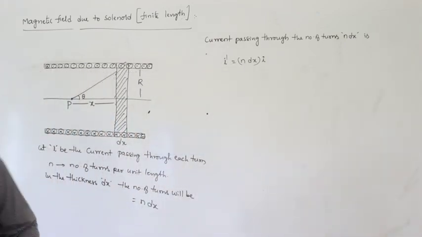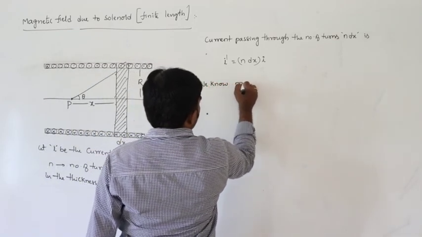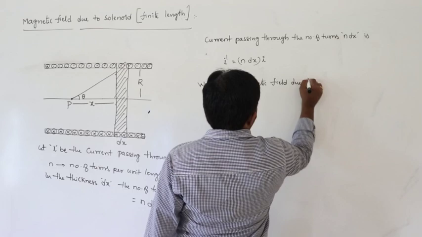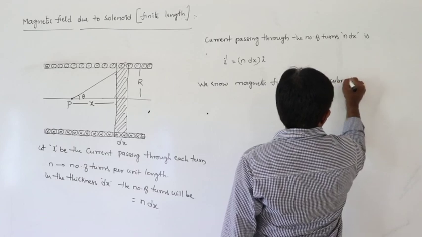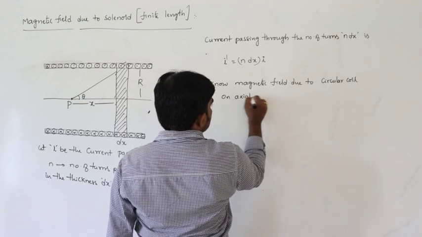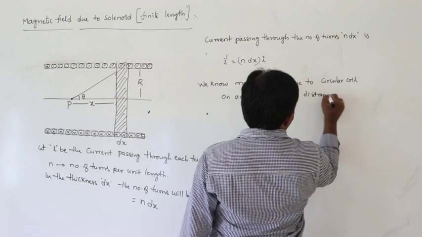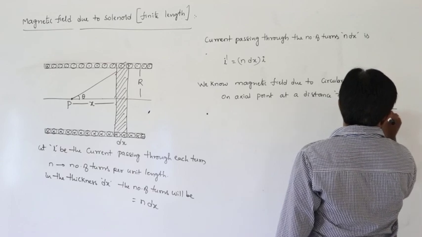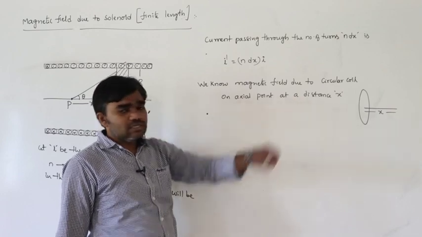We know the magnetic field due to a circular coil at an axial point at a distance x. What is the magnetic field due to that circular coil at a point at a distance x?